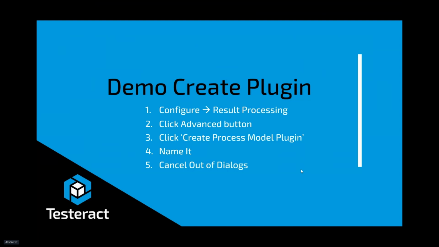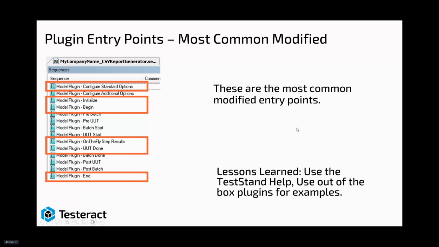And as you are probably suspecting, the devil is in the details, which we're about to get into with custom result processing plugins. Yeah, for sure. All right. So as we mentioned before, one of the things that is unique about these custom process models is that they have these things called plugin entry points.